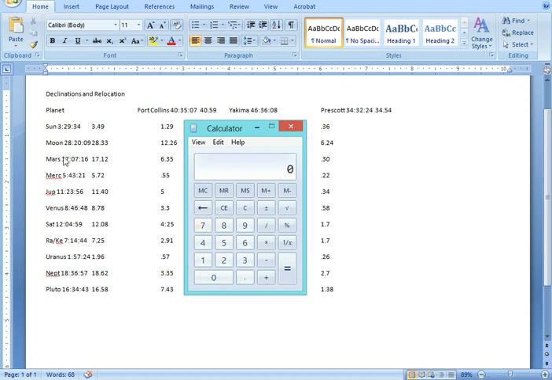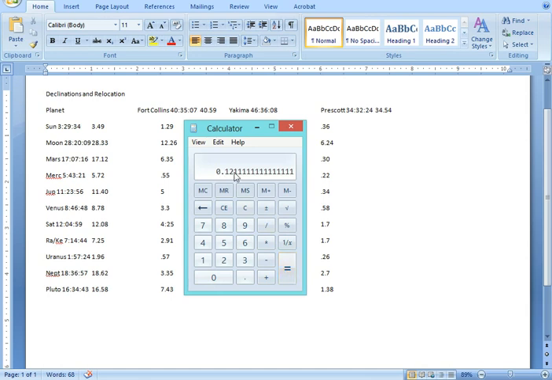As another example, Mars is at 17°07'16". Take the seconds, 16, divided by 60, equals 0.266. Add the minutes, which is 7 minutes here. Plus 7 equals 7.266, divided by 60 to get the fraction of degrees.